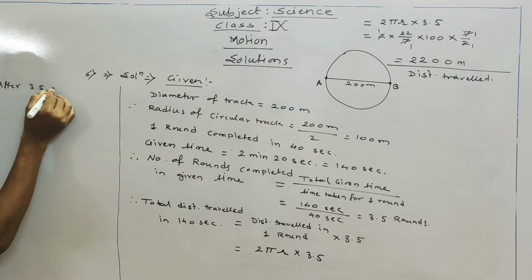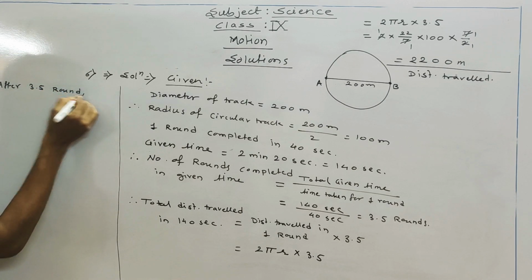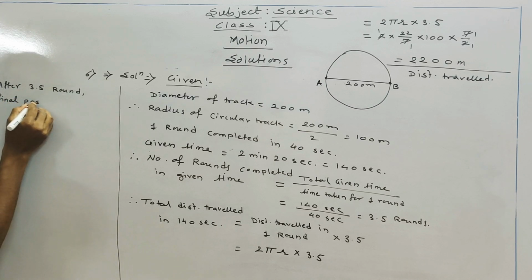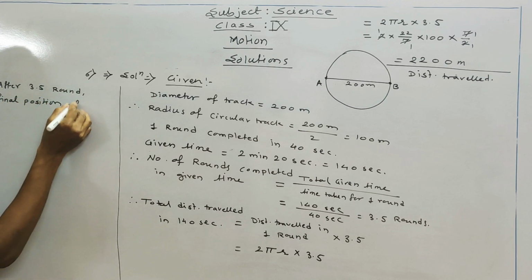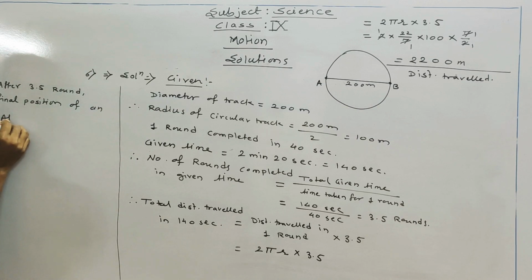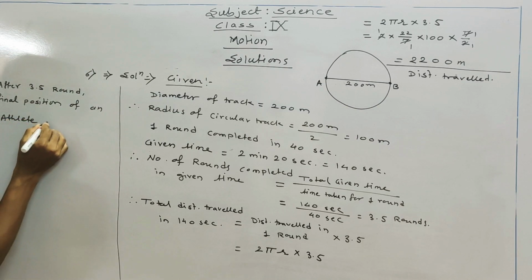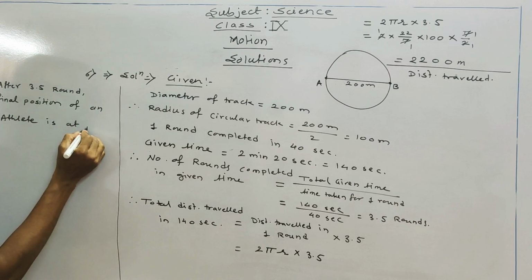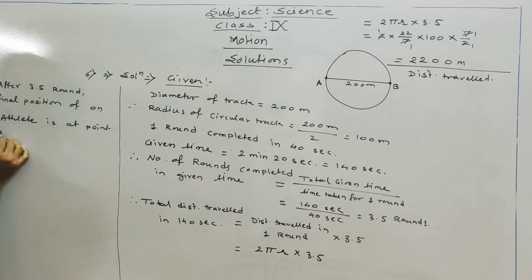I am going to write down here. After 3.5 rounds, final position of an athlete is at point B. Okay.